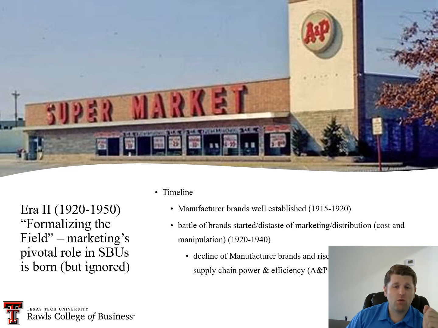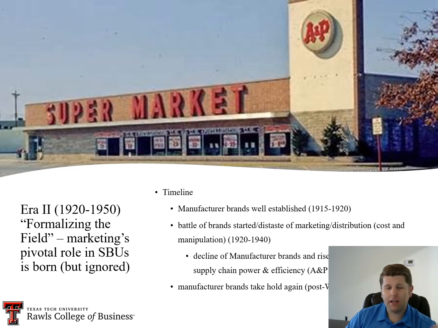These retailers had a really strong hold against these manufacturers, and so they could come up with their retail brands, and they were the winners. However, after World War II, manufacturer brands take hold again, and that's where we are today. We see that manufacturer brands are very prominent.